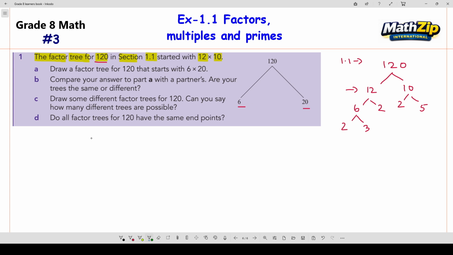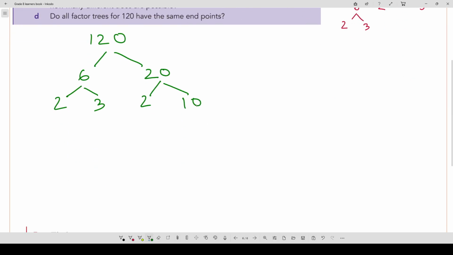How? This is 120, here is 6, and here is 20. 6 can be written as 2 times 3, and 20 we can write as 2 times 10, and this 10 can be written as 2 and 5.